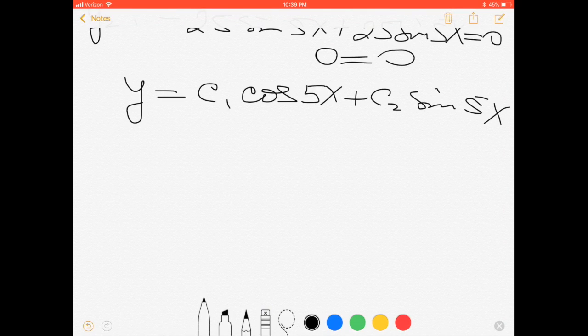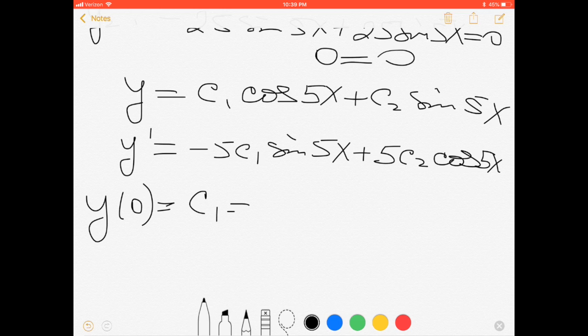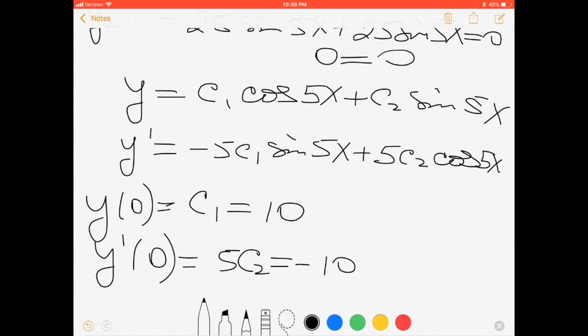Okay. Here we have y of 0 and we need the first derivative of y. It will be minus 5c1 sine 5x plus 5c2 cosine 5x. Okay. Y of 0 equals 10. Plugging in, we have c1 equals 10, and y prime of 0 equals 5c2 equals negative 10.